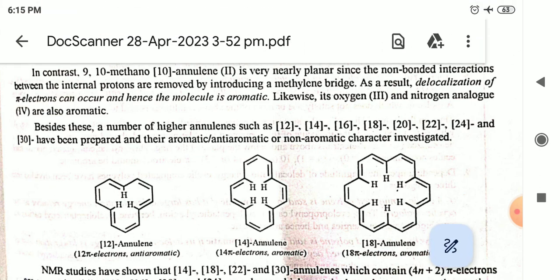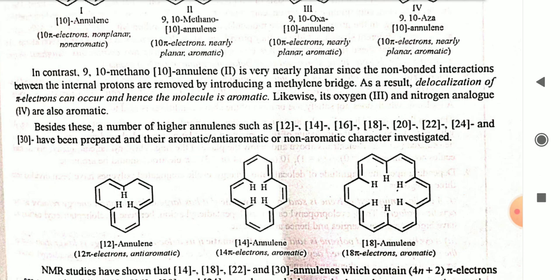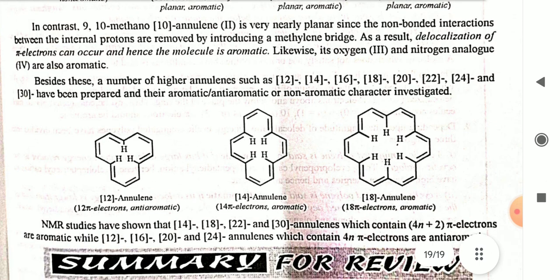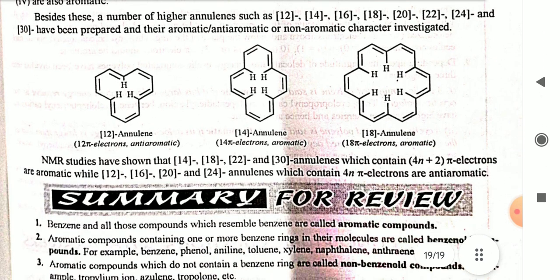Besides these, a number of higher annulenes such as 12, 14, 16, 18, 20, 22, 24 and 30 have been prepared and their aromatic, anti-aromatic and non-aromatic character investigated. [12]annulene, 12 pi electrons, anti-aromatic, [14]annulene, 14 pi electrons, aromatic, [18]annulene, 18 pi electrons, aromatic.